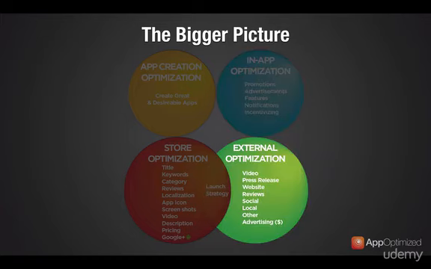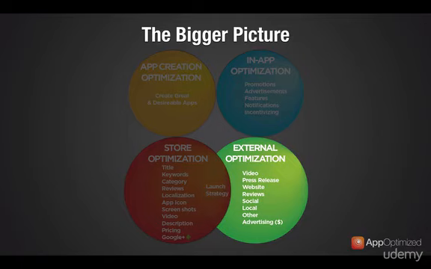Then down below in the green circle, there's external optimization. This is all the marketing and promotion that you would do outside of the App Store. Examples may be videos that you promote on YouTube or other video sites, press releases, websites to promote the app, reviews throughout the web, bloggers reviewing your app, social media like Twitter or Facebook, local advertising, and paid advertising, and I'm sure there are others as well.